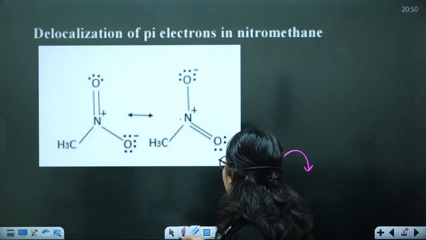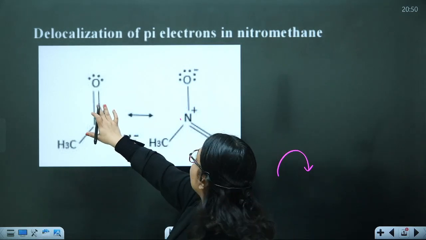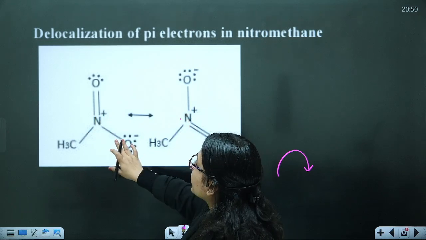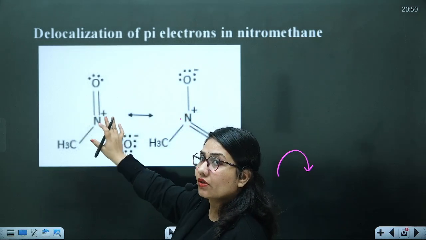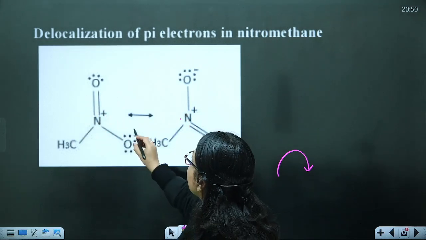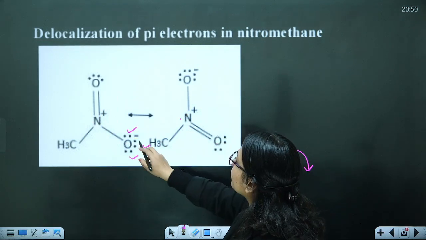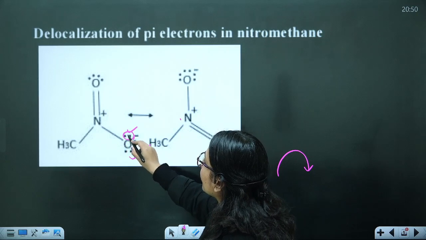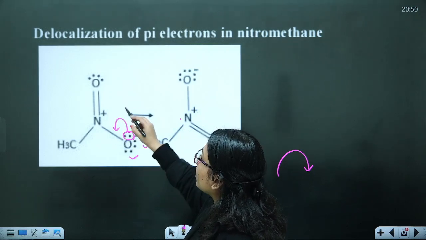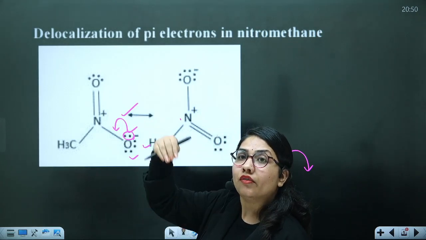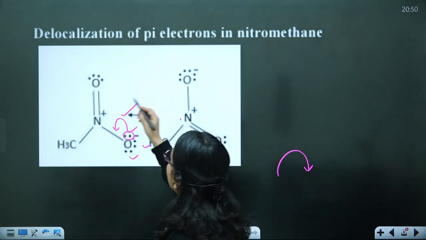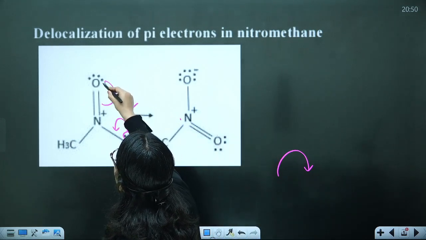If I have to move the electrons here, how will they move? See, there is a double bond and here is a single bond in the first structure, okay. Here you can see one lone pair, 2 and 3. The lone pair which was present here will go here. What I am making here is a curved arrow, okay, and that double bond will shift there.